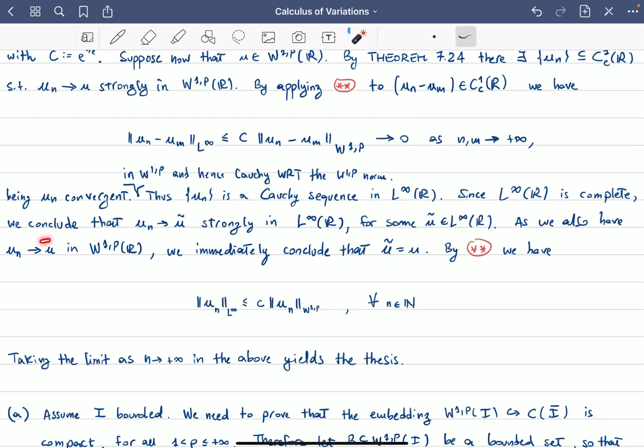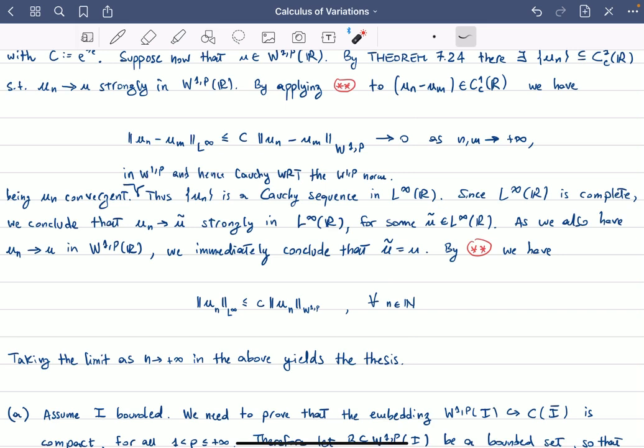Since it is Cauchy, we conclude that there must be a function u tilde in L infinity such that u_n is converging to u tilde strongly in L infinity. But we also know that u_n is converging to u strongly in W^{1,p}. This was our construction here. And therefore it's immediate to conclude that the limit must be the same: u tilde is equal to u almost everywhere.